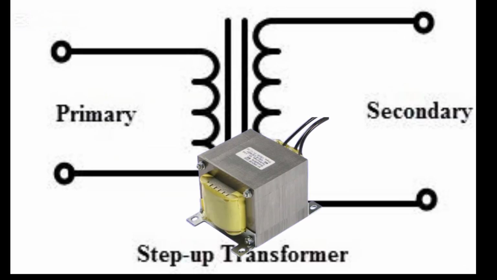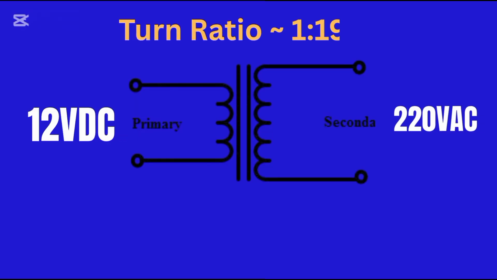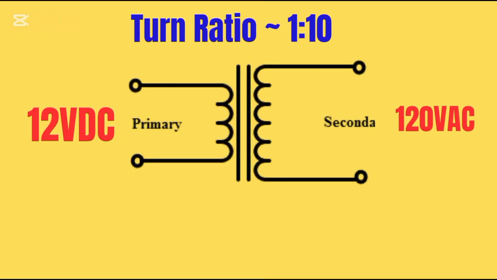Second, it steps the voltage up or down, depending on the application. For example, a 12-volt battery might feed the primary winding, and the transformer boosts this up to 220 volts AC on the secondary side, or 120 volts AC on the secondary side. The exact voltage change is set by the ratio of turns in the transformer's windings.